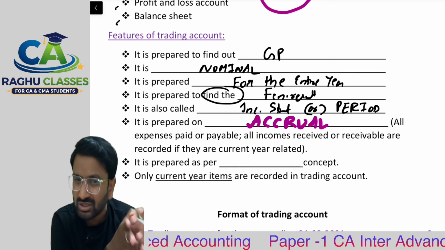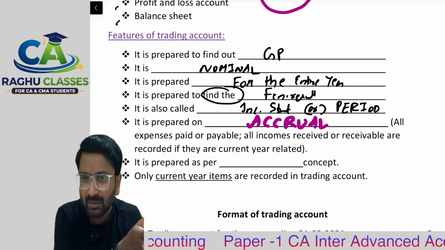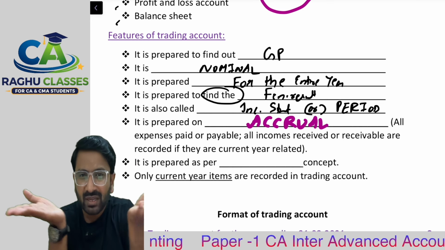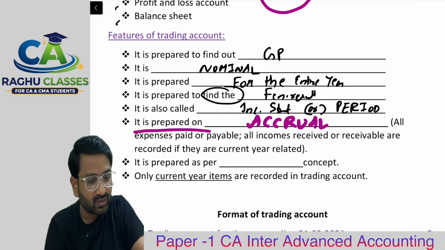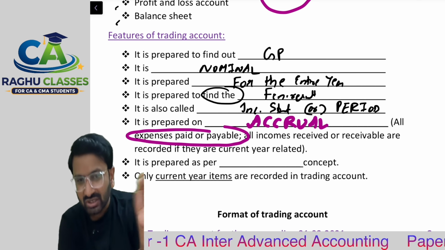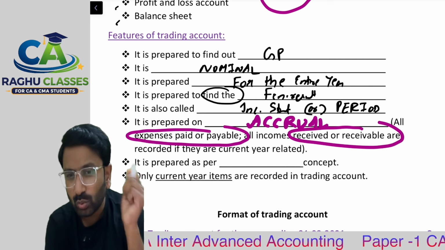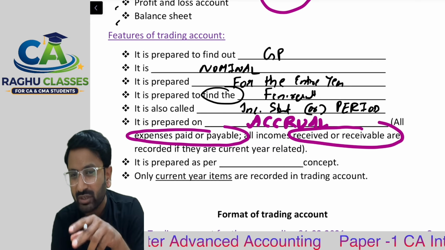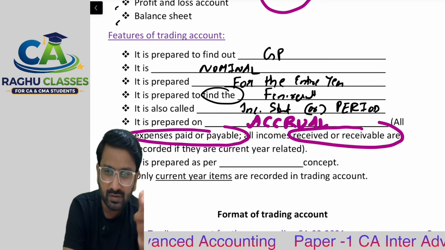I've totally incurred 8 lakhs. Out of 8, 7 is paid off and 1 lakh is payable. When I'm trying to match my expenses and income, I should take paid also, payable also. Same way, when I show the incomes on the credit side, we show incomes received as well as receivable. That is the accrual concept. So on the debit, we show expenses paid also, payable also. On the credit, we show incomes received also, receivable also.